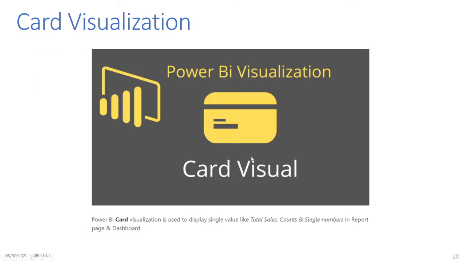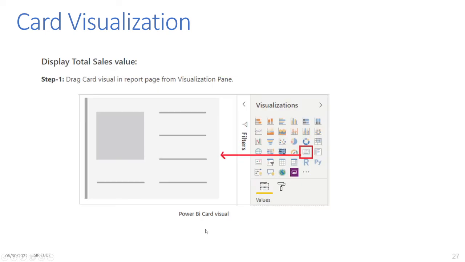Card visualization. Power BI card visualization is used to display a single value like total sales, counts, and single numbers in the report page and dashboard. Display total sales value.